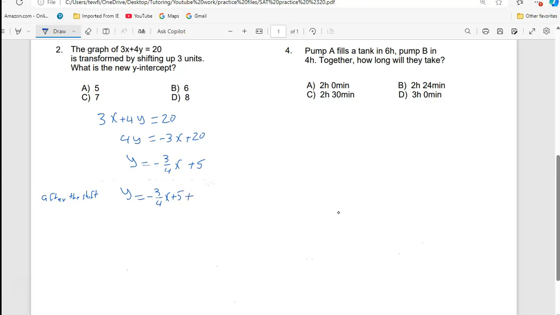We shifted how many units? After the shift, up 3 units, plus 3. So our y-intercept now will be 8, right? That is the y-intercept, which is choice D.